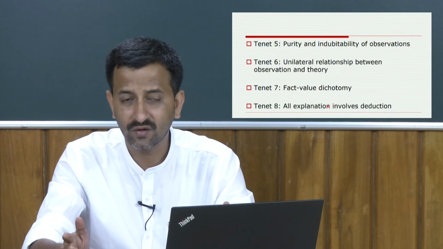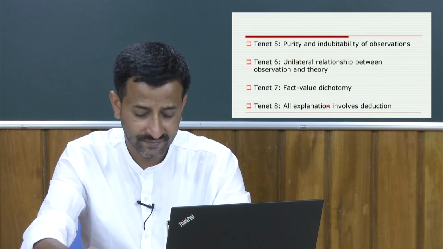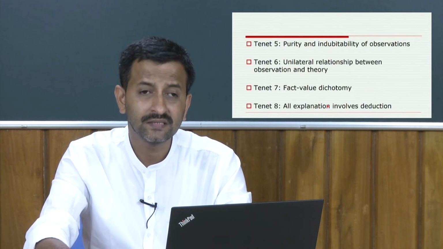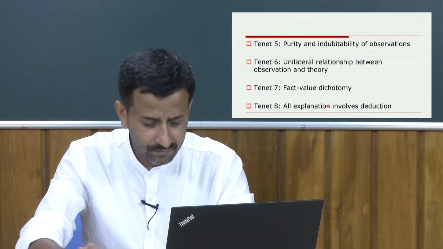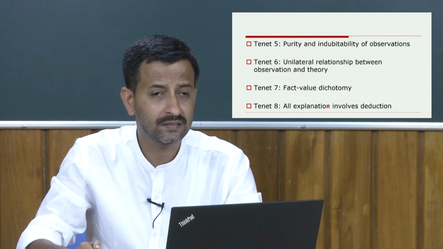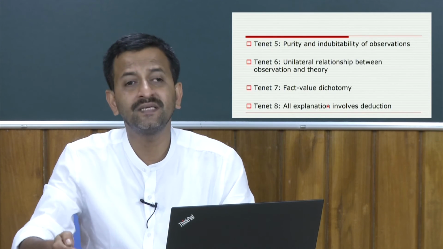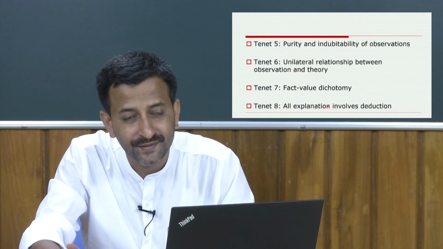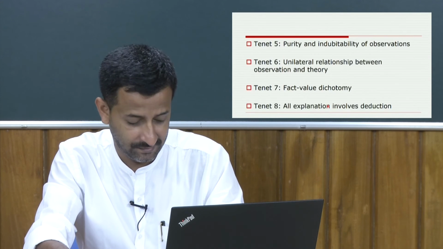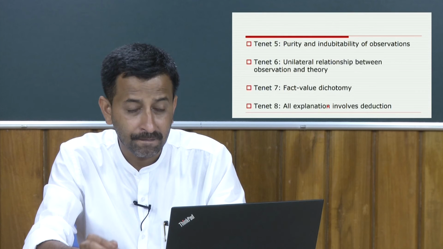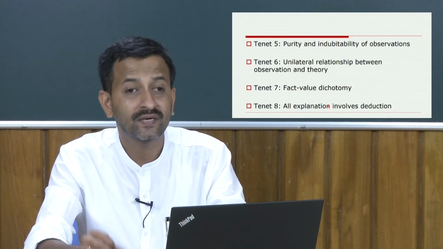A set of laws is premise number 1, a set of statements describing initial conditions is premise number 2, and then you derive a conclusion, a statement describing the phenomenon to be explained. All scientific explanation must follow this pattern. What is that pattern?